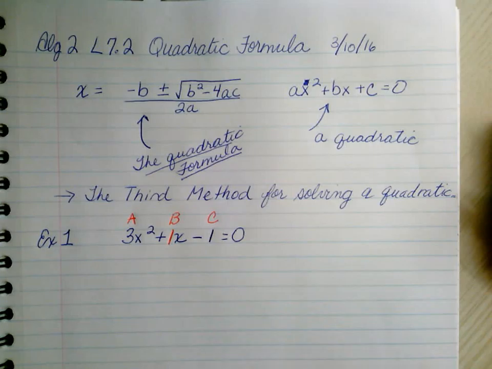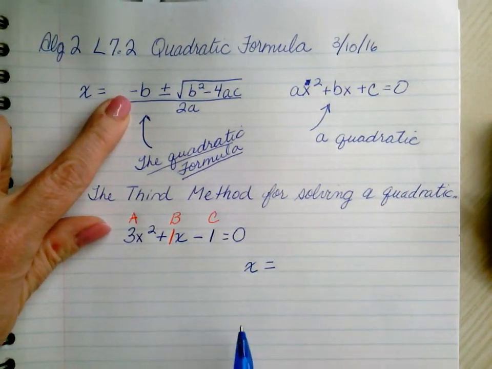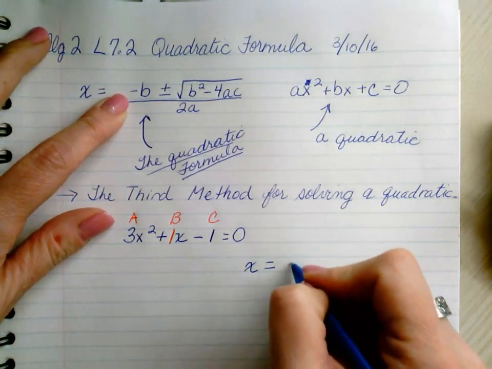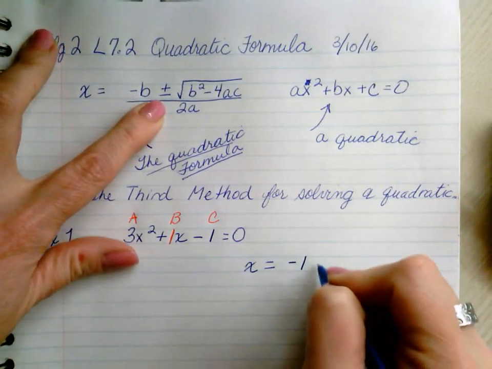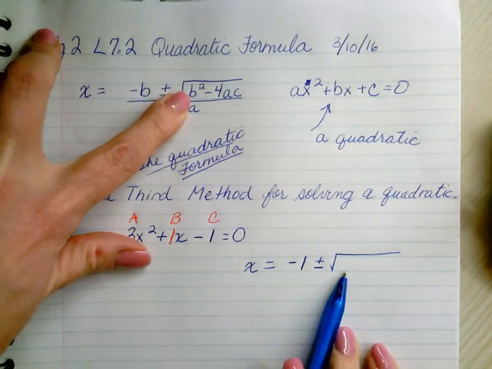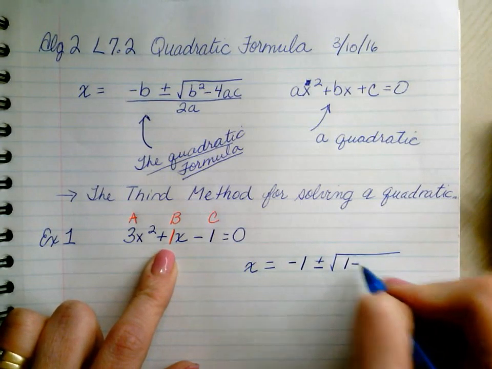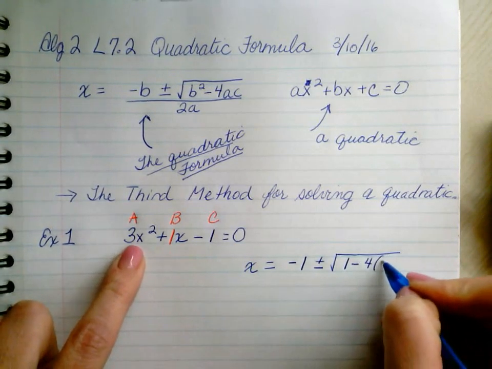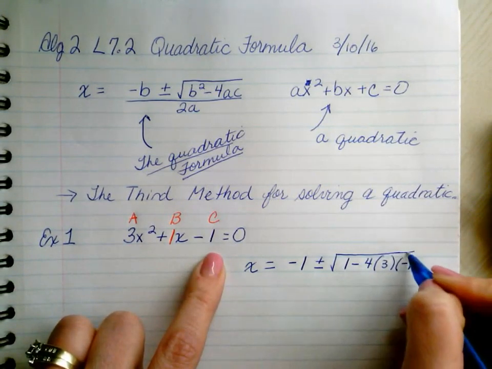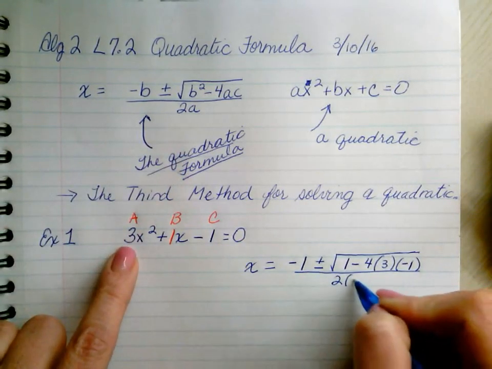So the value for x is equal to the opposite of b, so the opposite of 1, negative 1, plus or minus the square root of b squared, what's 1 squared? 1, minus 4 times a, which is 3, c is negative 1, divided by 2 multiplied by a.